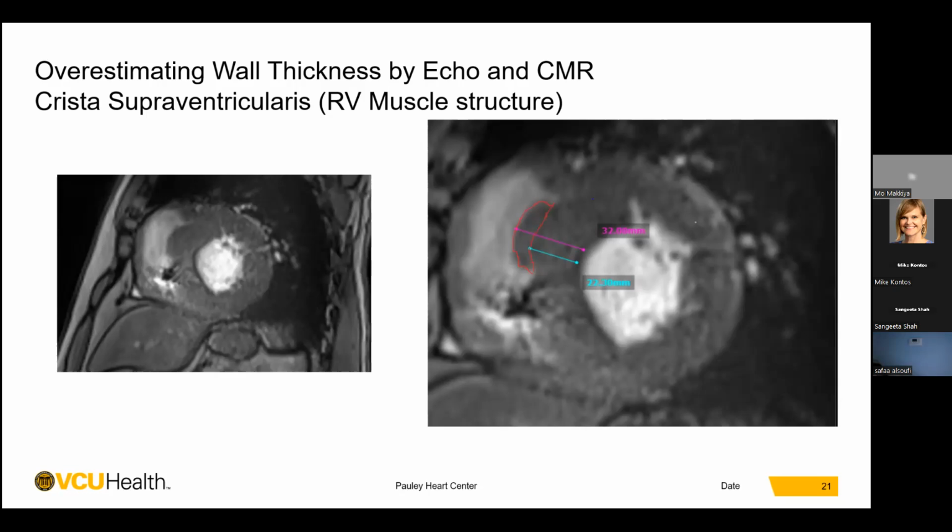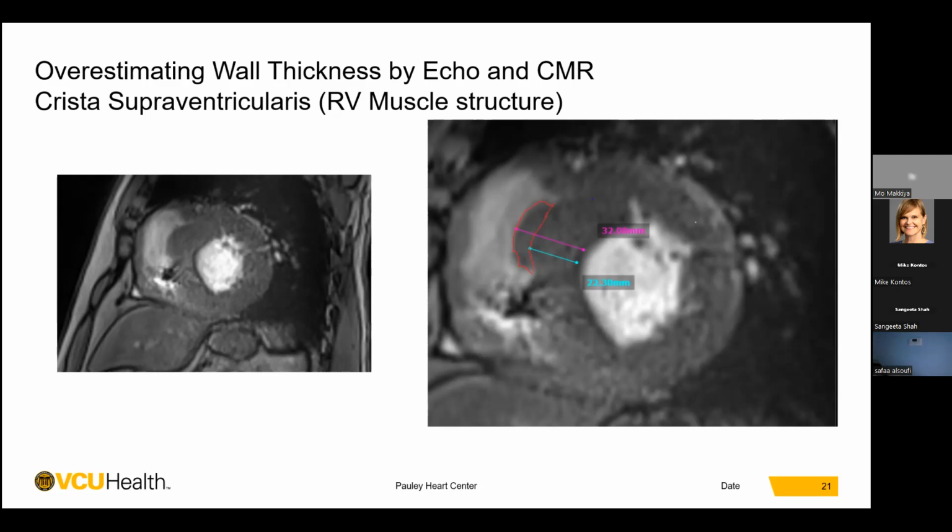Like for this example that I'm showing of a case we have here, a very common finding that we see is the crista supraventricularis, which is an RV muscle bundle, which can sometimes be difficult to differentiate from the LV septum.